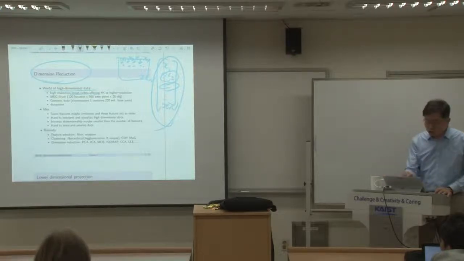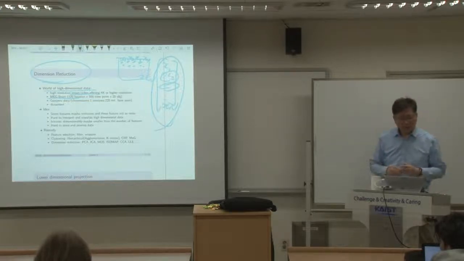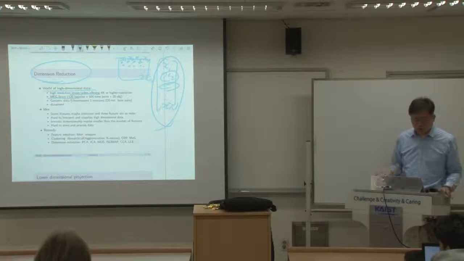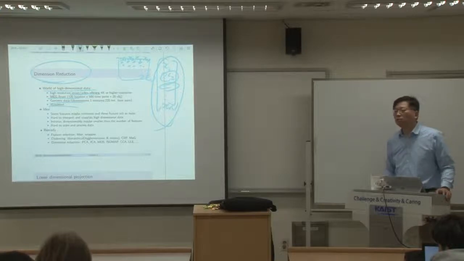So there's probably some low-dimensional space. A brain scan, such as MEG, magnetoencephalography, is huge. Genomic data is huge. I mentioned documents: a document is composed of many, many words.